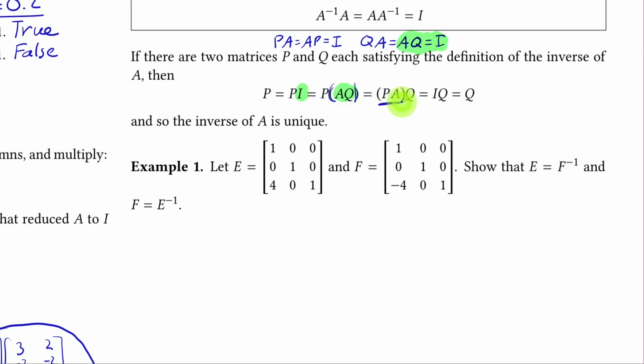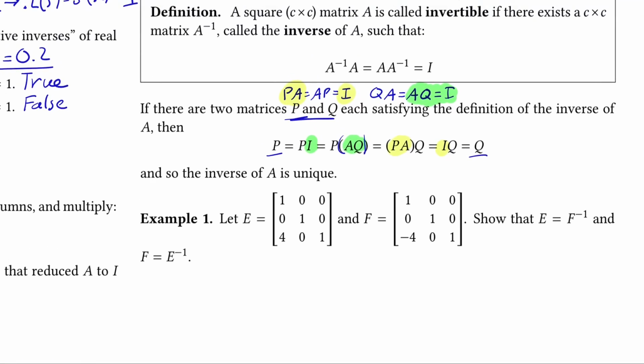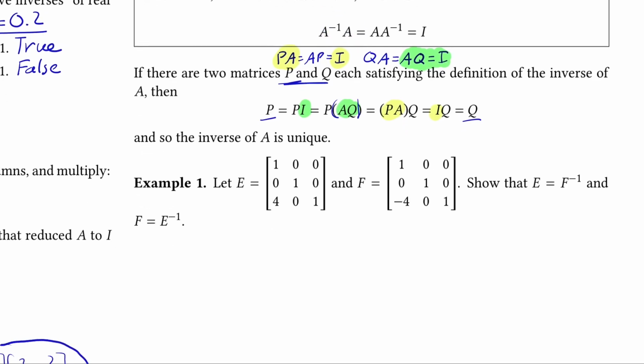And we also assumed that P is the inverse of A, which means P times A is also going to be I, and the result is Q. So if there are two matrices P and Q that are the inverse of A, then they're actually the same matrix. P is equal to Q, so the inverse is unique. That's why we have the symbol A inverse, because for any given A, the inverse is just one matrix.